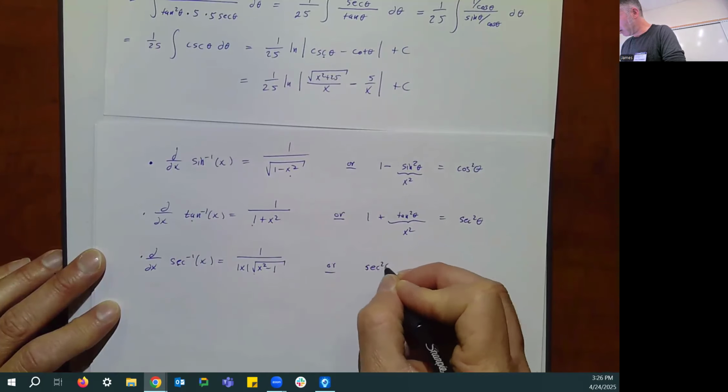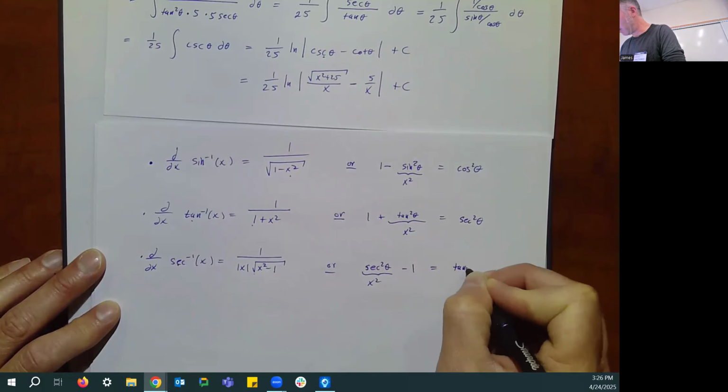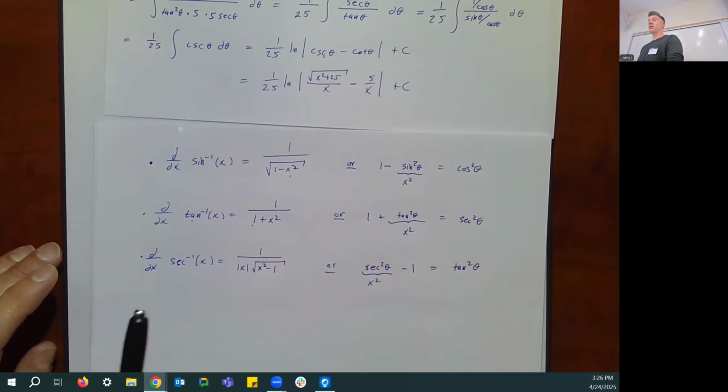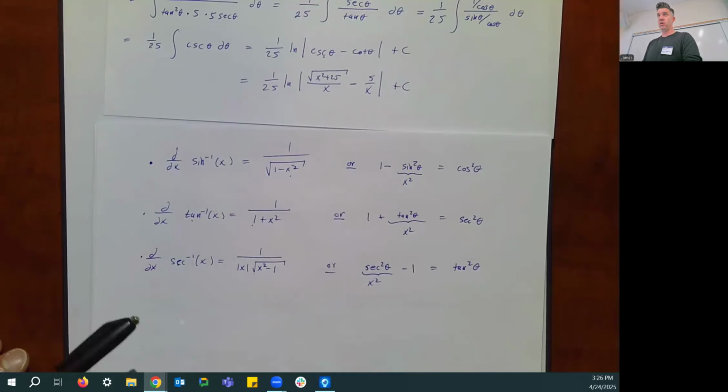Secant squared theta minus 1 is equal to tangent squared theta. So there is a nice connection between the derivatives of the inverse trig functions and what you're choosing for your trig substitution. Not coincidentally, right? This is very much because of the way things are defined. But it makes it easier to be like, okay, if I know these, I know what to guess. But really, we're just trying to make the trig identity happen.